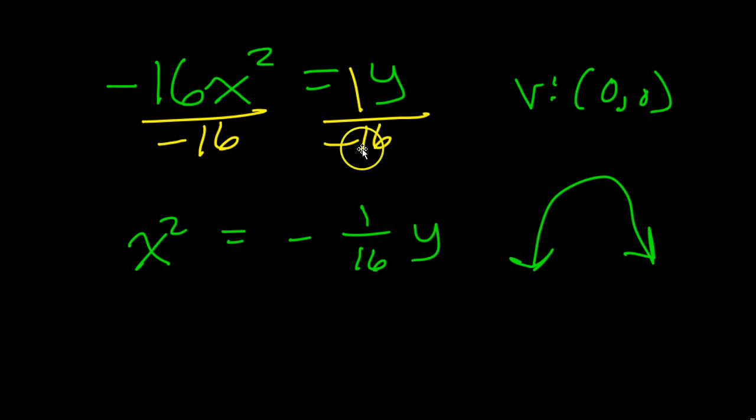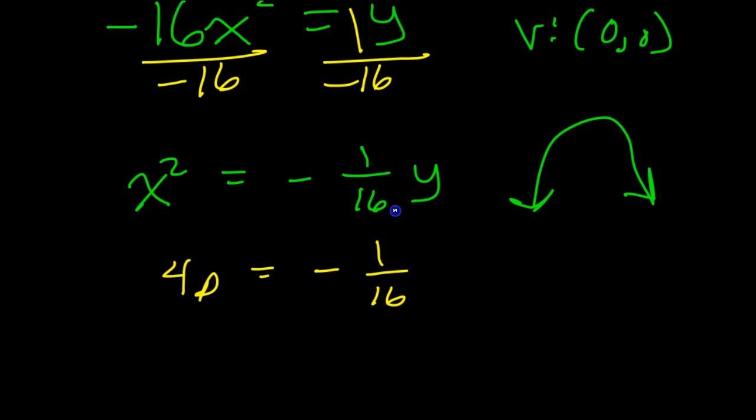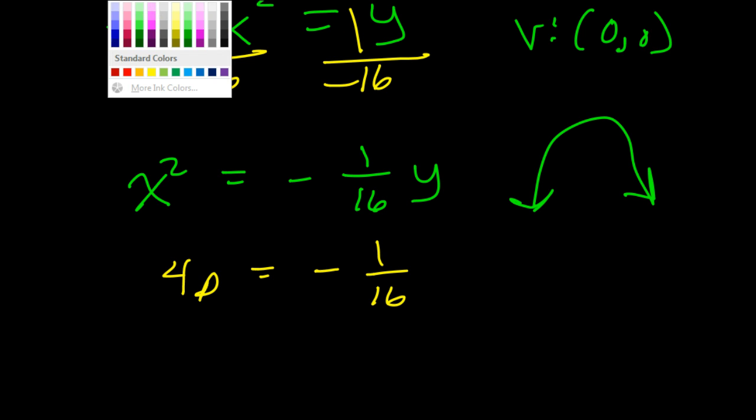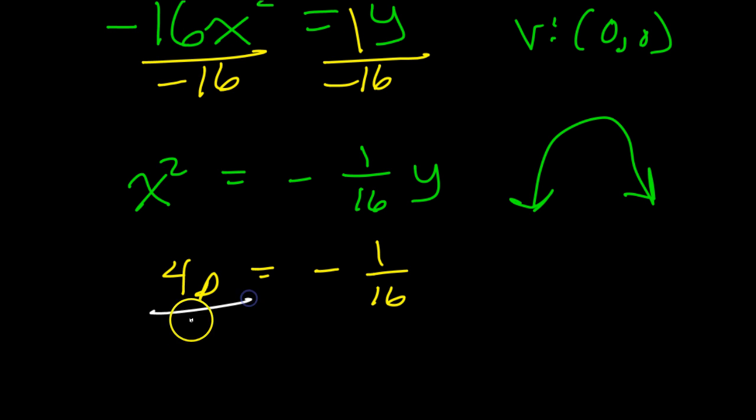The p-value. So 4p is going to equal negative 1/16. So divide both sides by 4. Remember that if you divide an already fraction by something, all you have to do is put that number you're dividing by in the denominator with the denominator.